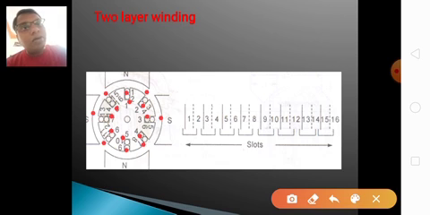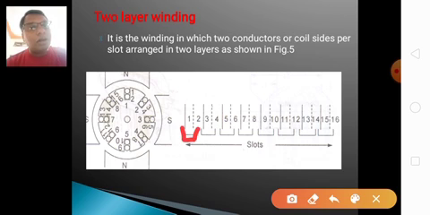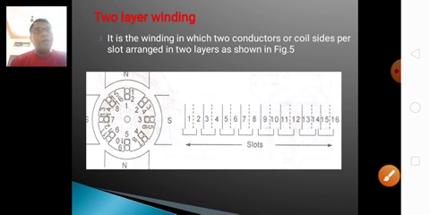Each slot containing two coils is known as multi-layer or two-layer winding. It is the winding in which two conductors or coil sides per slot are arranged in two layers as shown in the figure.